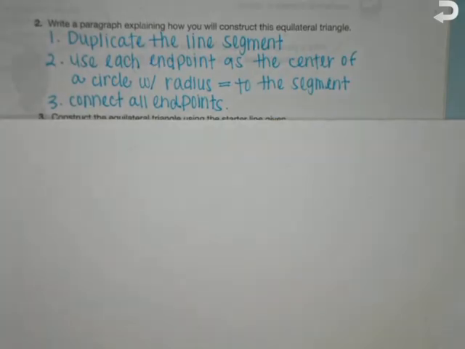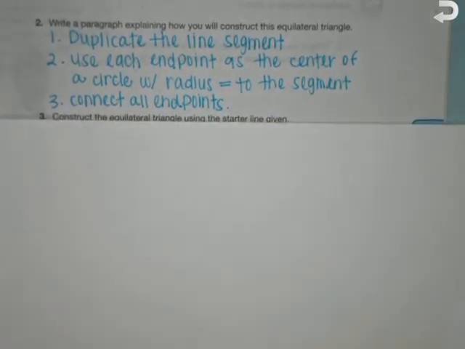So we're not going to change the width of our compass at all, and we're going to create a circle using each endpoint on the segment. So we'll make 2 circles. Now those 2 circles will intersect at some point, so then we will connect all of the endpoints, and that will give us a triangle.